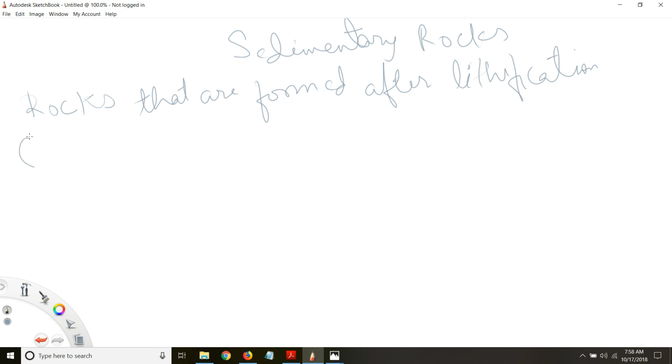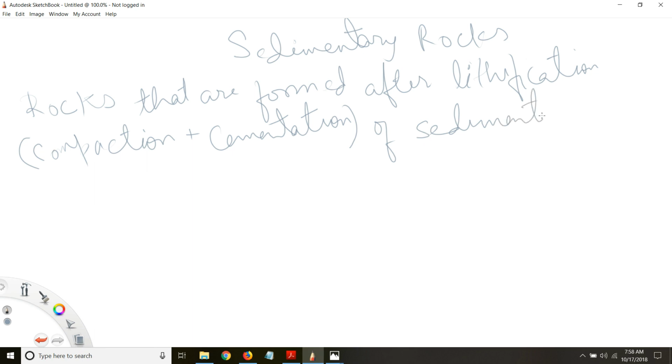Lithification has two terms combined together, which is compaction plus cementation. After lithification of sediments, okay, so that is sedimentary rocks.